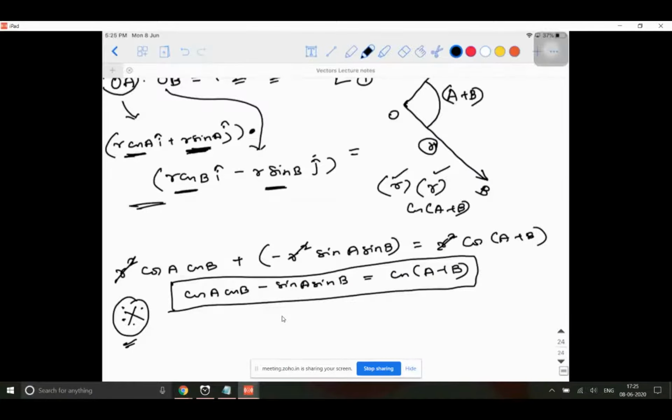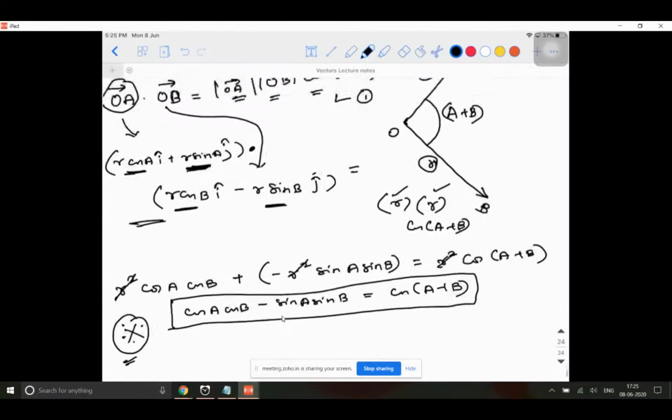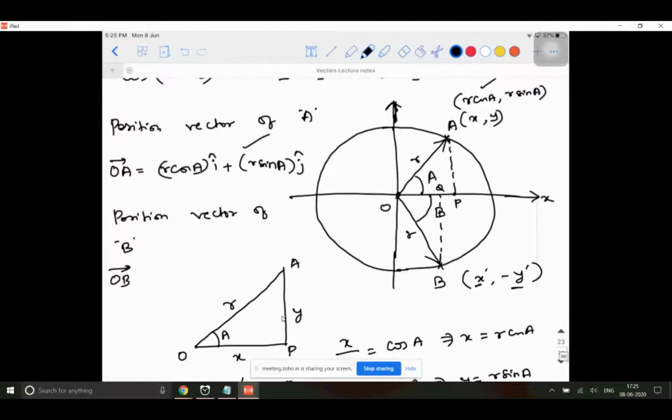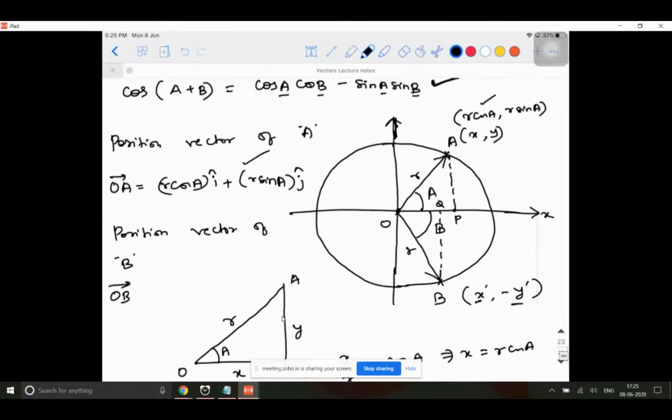So I'll just give you 2 minutes. If there is any doubt, let me know. Sir, can you show the derivation part, sir? Sure. Mithul, is it from here? Yes, sir. Okay, make it faster.